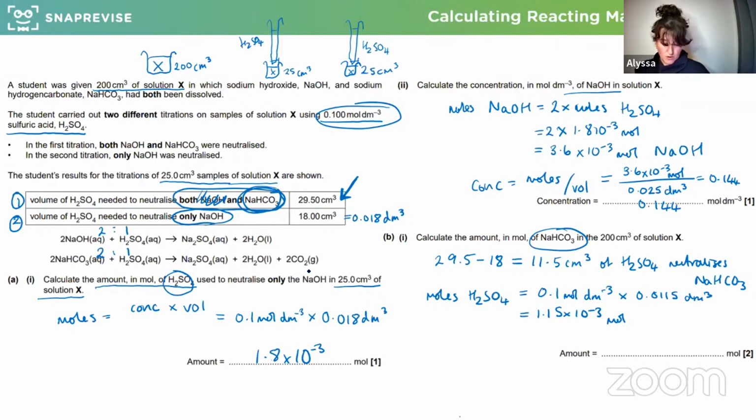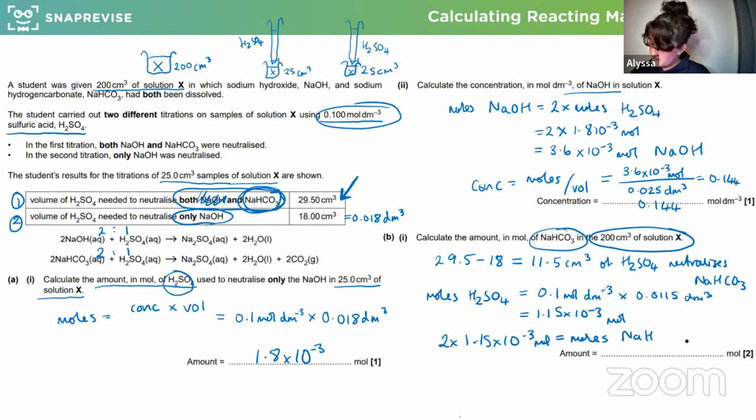You're so close, both of you. Just double check what's being asked in the question while you have a look at that answer. So we've got 2 lots of 1.15 times 10 to the minus 3 moles, which gives us the moles of sodium hydrogen carbonate, which is 2.3 times 10 to the minus 3.